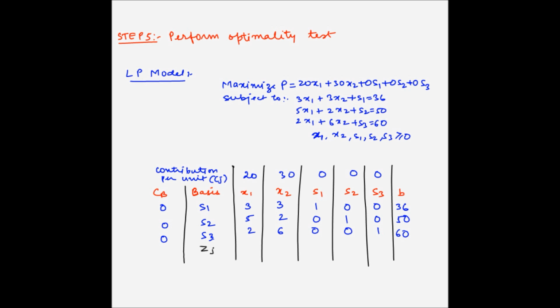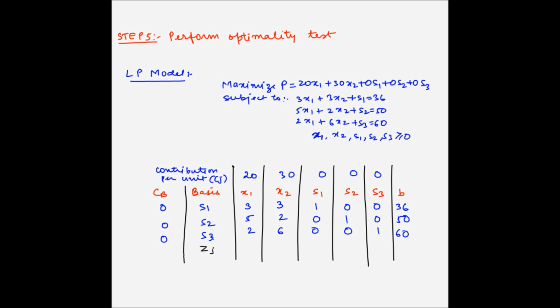Now the Zj values for the jth column are obtained by adding the products of elements under that column with the corresponding CB values. So let's say for the x1 column, we'll take all these elements 3, 5 and 2, multiply them with the corresponding values in the CB column.